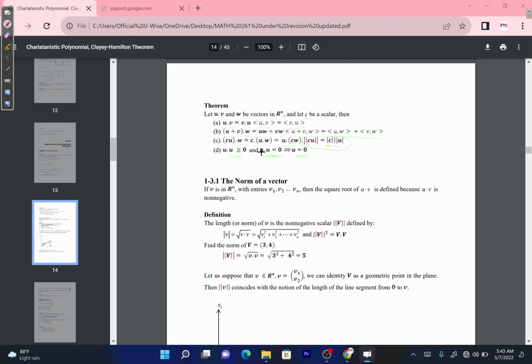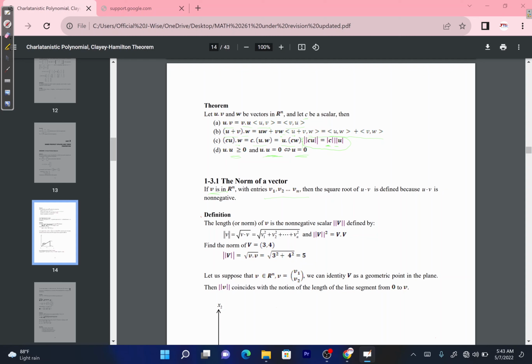Now let's move on to the norm of a vector. Let's choose a vector v of finite dimension, with all the entries being real numbers. Then the norm of this vector is the Euclidean norm, since all the elements of vector v are real numbers, and the Euclidean norm is the same as the L2 norm.